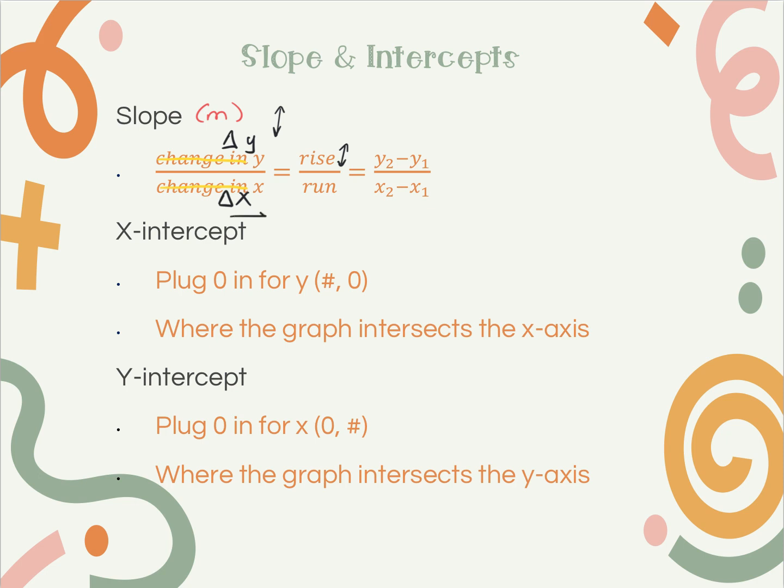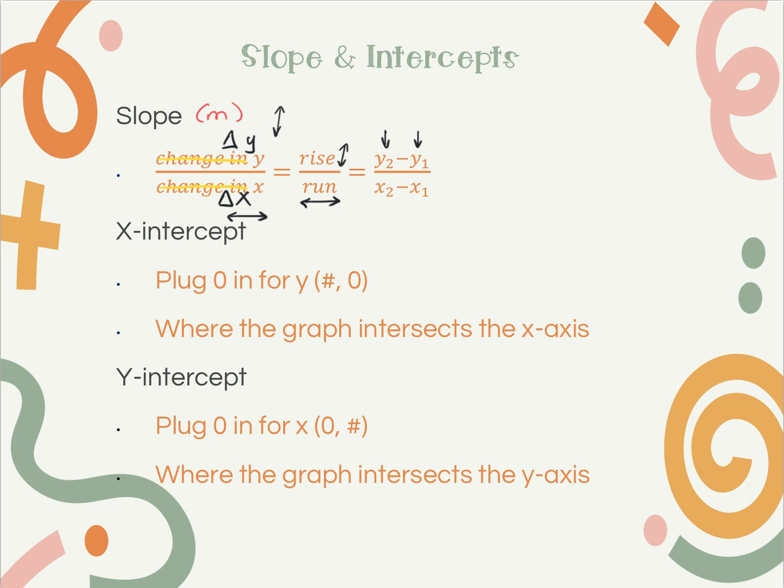X is your side to side or horizontal change, and so that's why your run is your side to side change. And the last way you could do it is you find the y value of one point and the y value of another, and you subtract. A subtraction is the difference or the change in the y's or the x's.